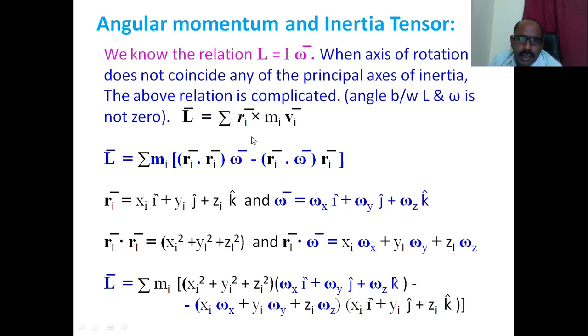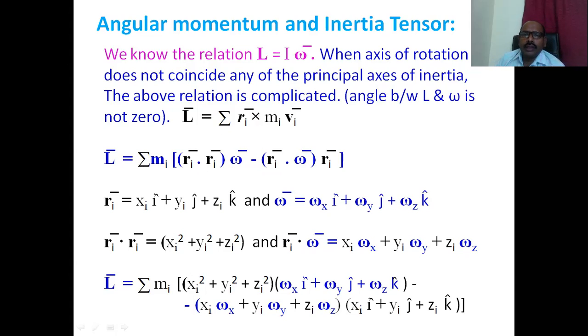By expanding the cross product of three vectors, A cross B cross C, we get the sum of m i times r bar cross (omega bar cross r bar). By expanding the vector triple product, we get this relation.